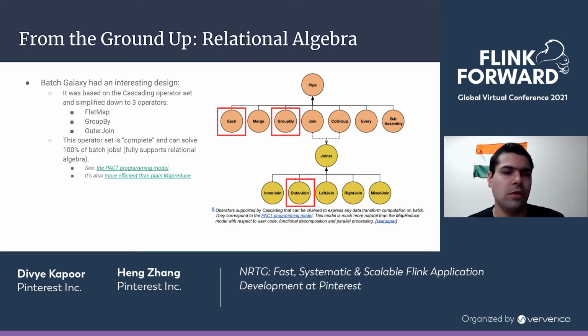If you implement these 3, you have the capability to completely implement 100% of batch jobs, and it fully supports relational algebra. And that's exactly what Batch Galaxy did. It took these 3 operators, implemented them really, really well, and you have a full setup for batch processing.